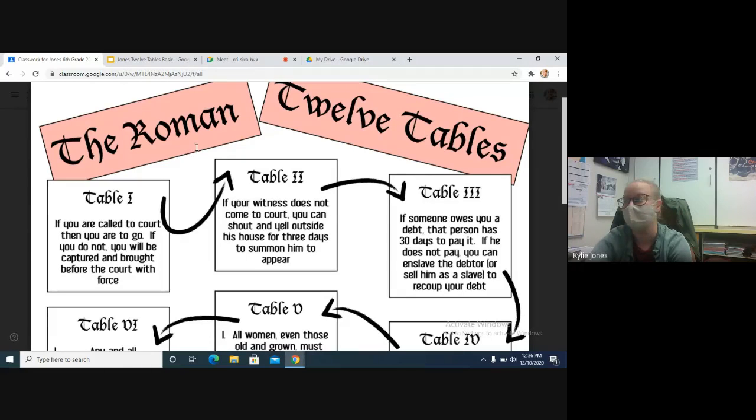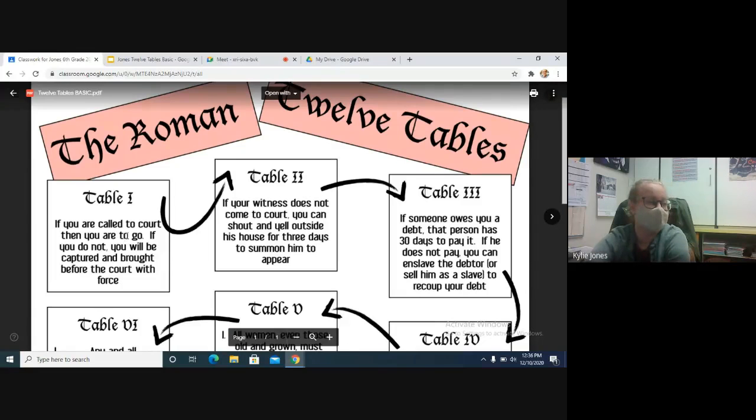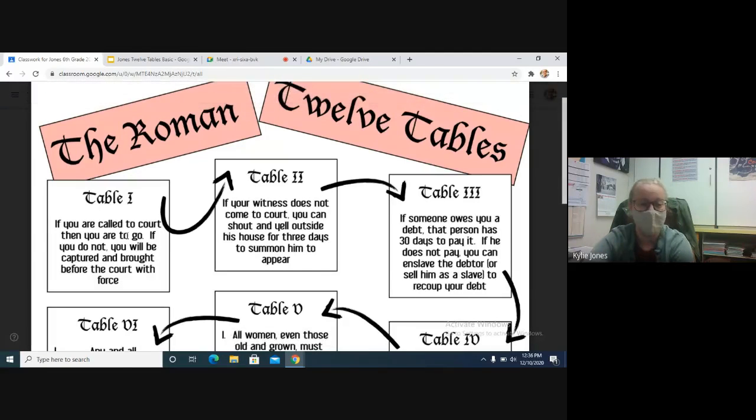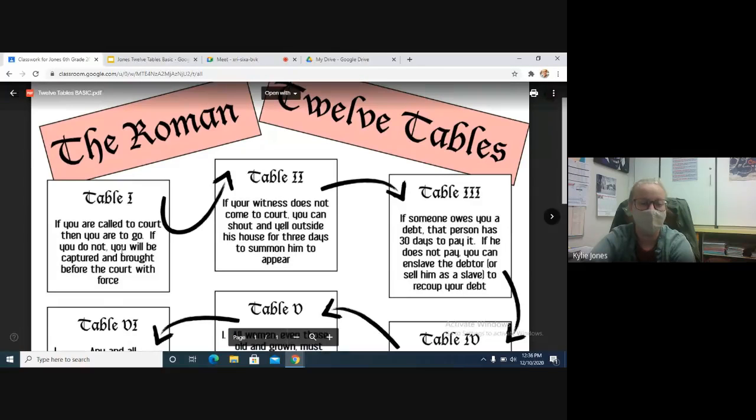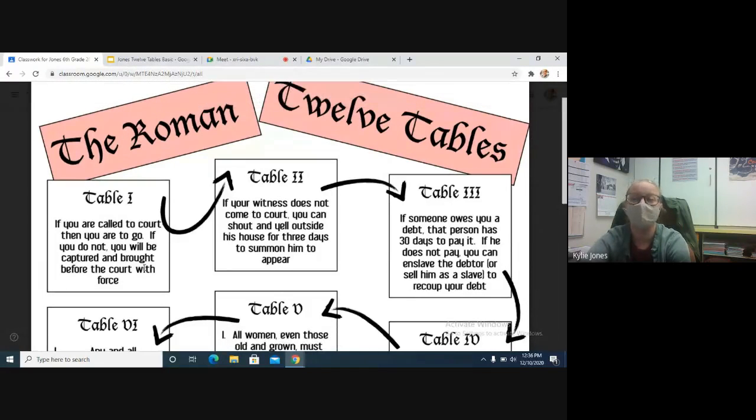Okay, table number 1 says, if you are called to court, then you are to go. So if you get called to court, you have to go. If you do not, you will be captured and brought before the court with force. That's still pretty similar nowadays. If you get called to court and you don't show up, they will send police officers out to get you and bring you to court.